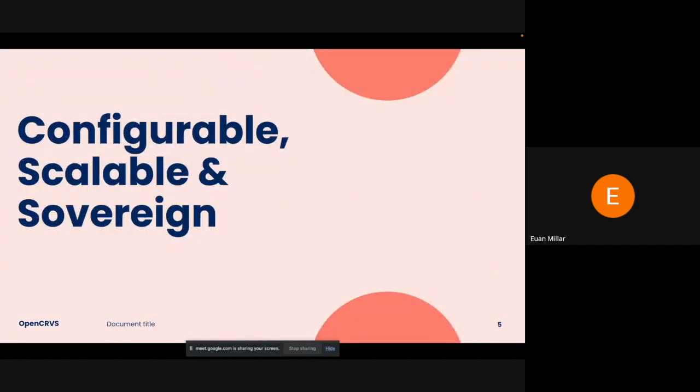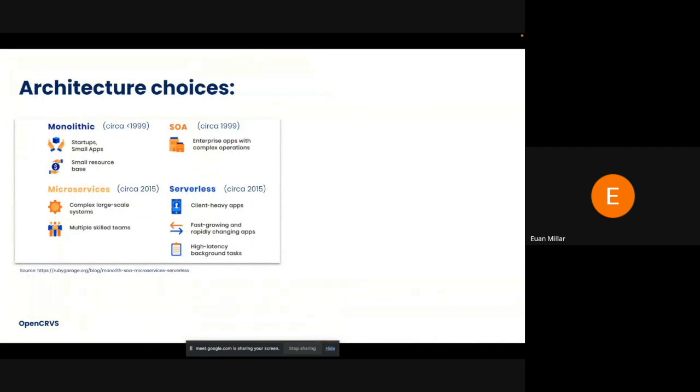So first of all, let's talk about configuration, whether things are scalable, and sovereignty. So when we were making the architecture choice about how to build OpenCRVS 5 or 6 years ago now, we were looking at, well, what are the choices available to us and how do they comply with configurability, scalability, and data sovereignty?